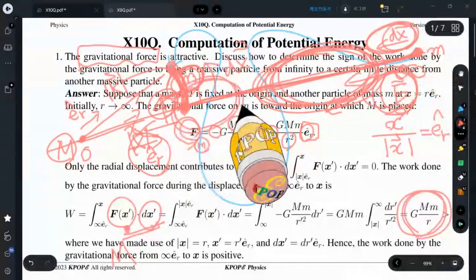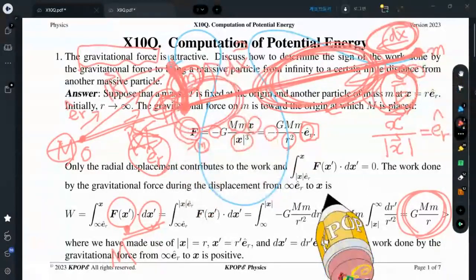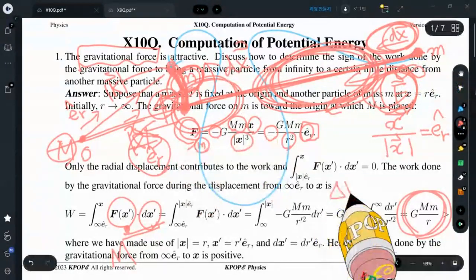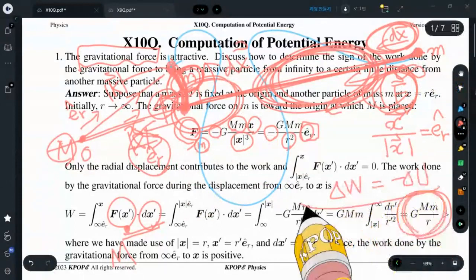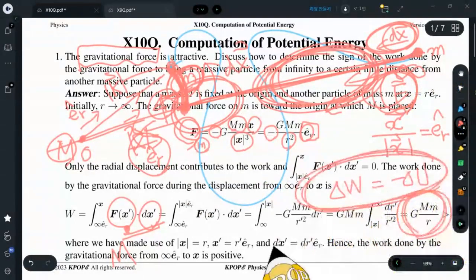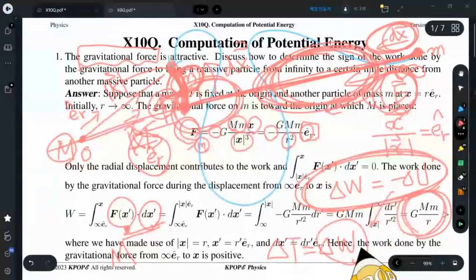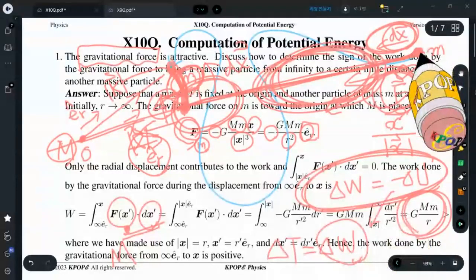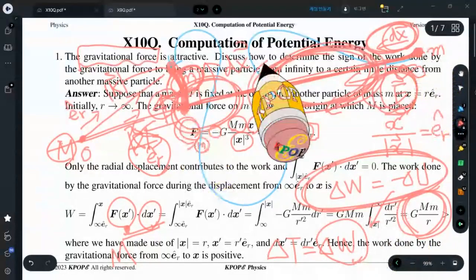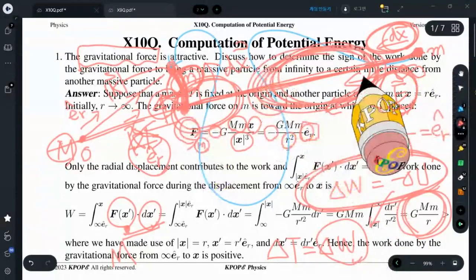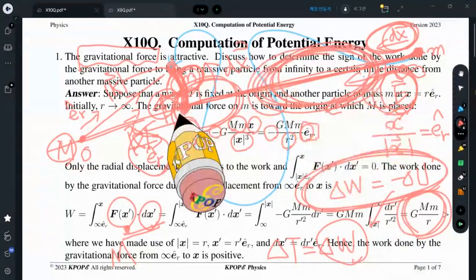In that case, we remember that work is replaced with the minus potential in the work-kinetic energy theorem. Replace this with a negative. So the work from infinity to here was positive. Therefore, the potential energy has decreased.